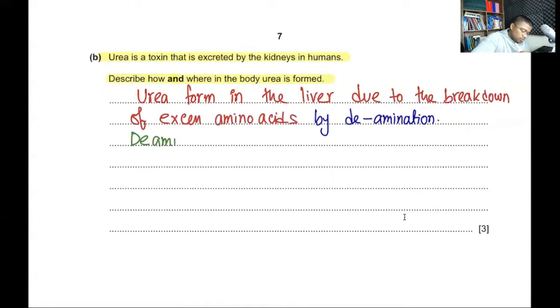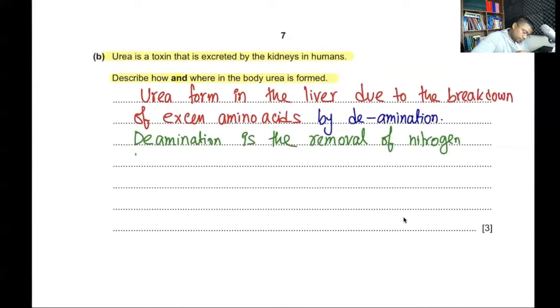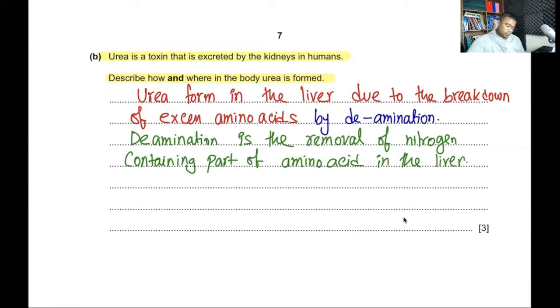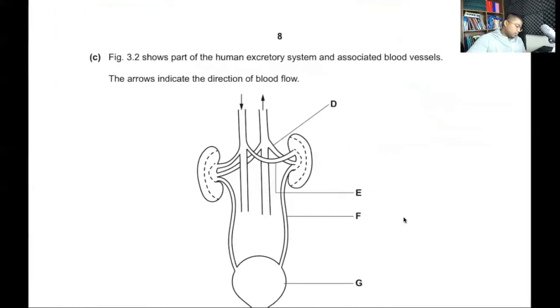Deamination is the removal of the nitrogen containing part of amino acid in the liver. Guys, moving on to the next question.